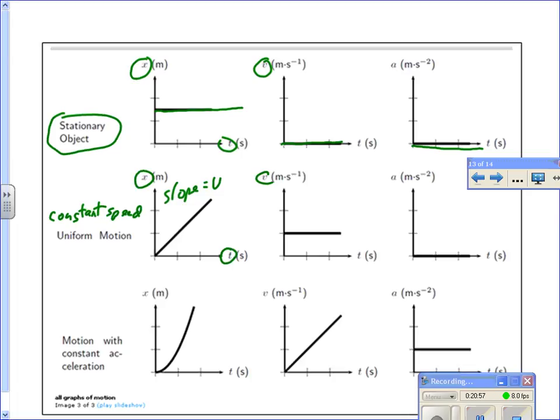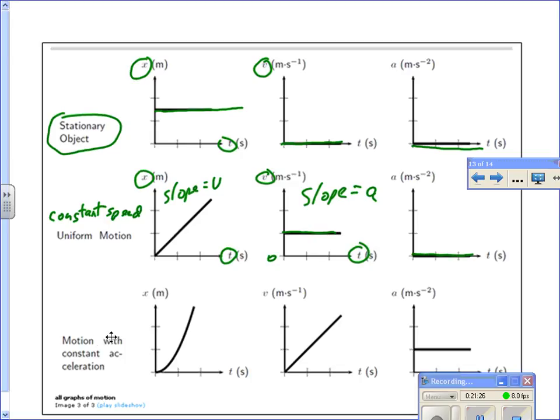If it's velocity over time, then your slope will tell you your acceleration. So if I'm going at a constant speed, that means I'm not accelerating, then my acceleration will be a 0. I mean, my speed is constant. This is distance over time. My speed is a constant positive number, something above 0, and my acceleration is 0.